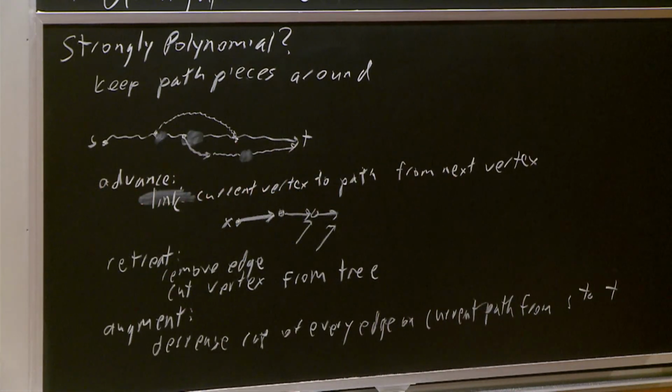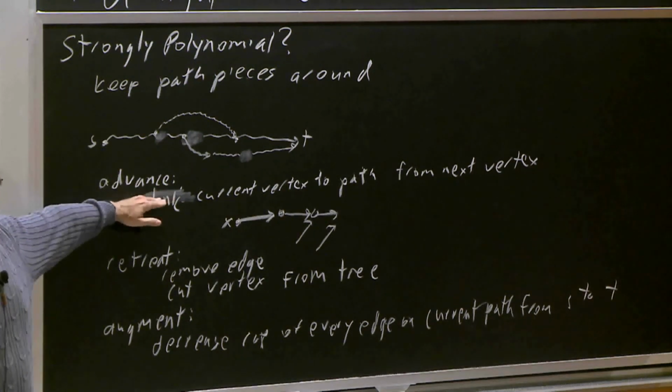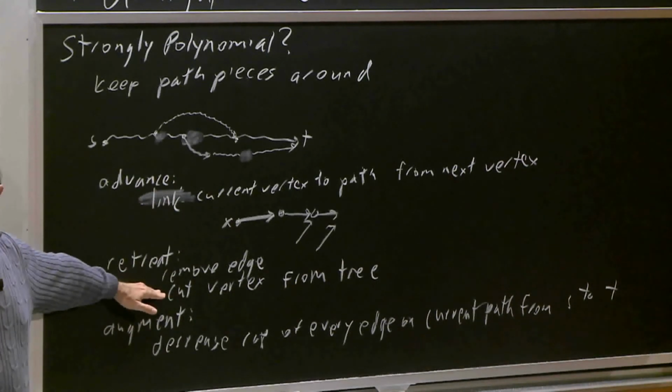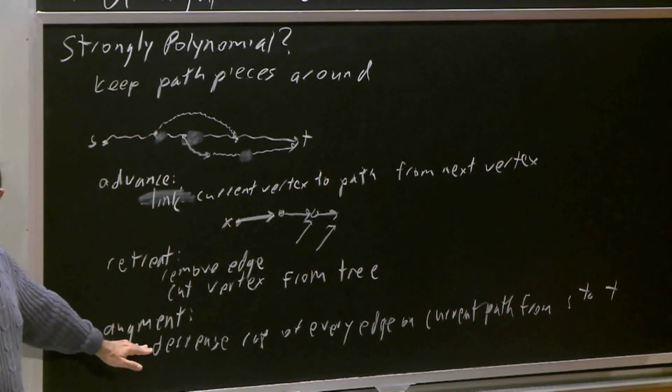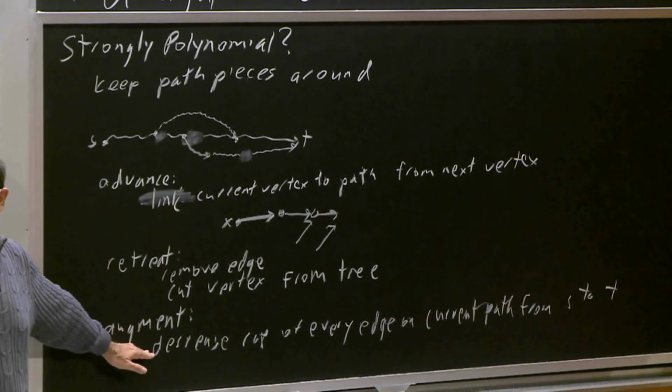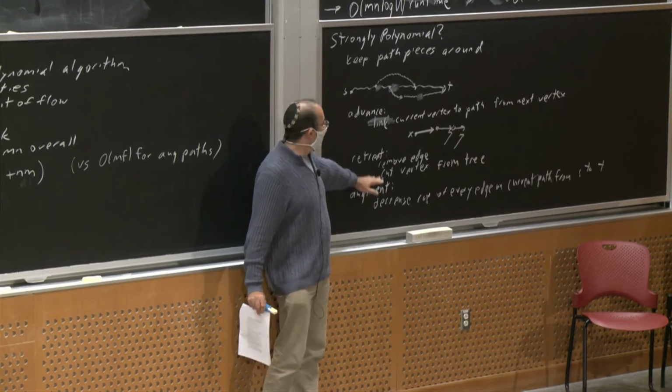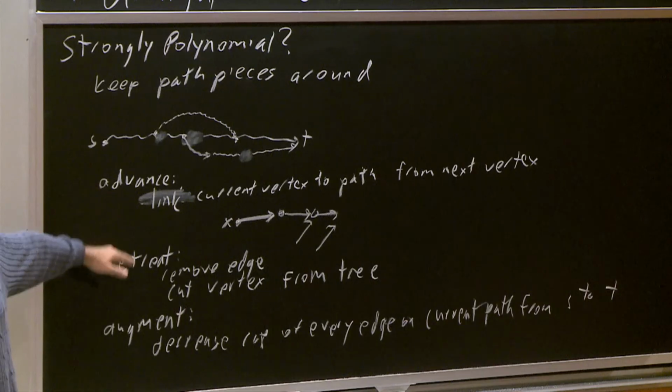The insight was that it was possible to develop a data structure that would allow you to implement these operations: linking a tree to another tree, cutting a tree from another tree, and somehow magically decreasing the capacity of a whole bunch of edges all at once. Now, these seem not crazy.